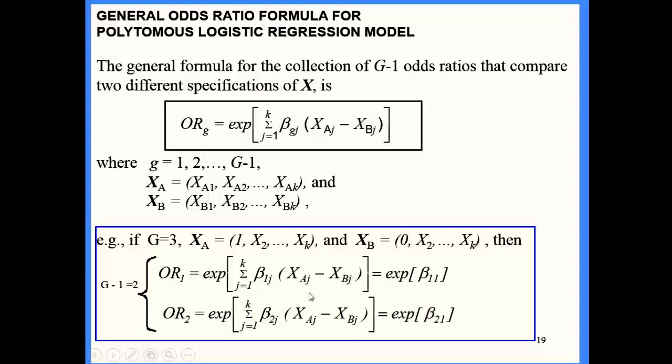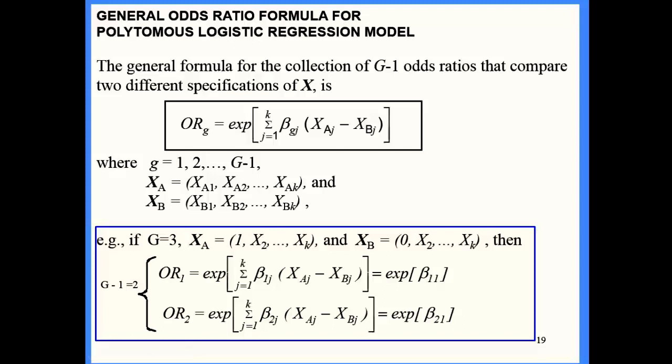Everything's going to drop out of the model except for the very first value of the first variable, and all you're going to get is e to the beta 1,1 and e to the beta 2,1. So this is the general formula for the odds ratio in a Polytomous Logistic Regression model, and this is what the 2 odds ratios will look like if you use this formula by plugging in what you've got. It's not really different than what we did when it was binary logistic regression, except now we've got 2 odds ratios instead of 1 odds ratio, or 4 odds ratios if there were 5 different categories.